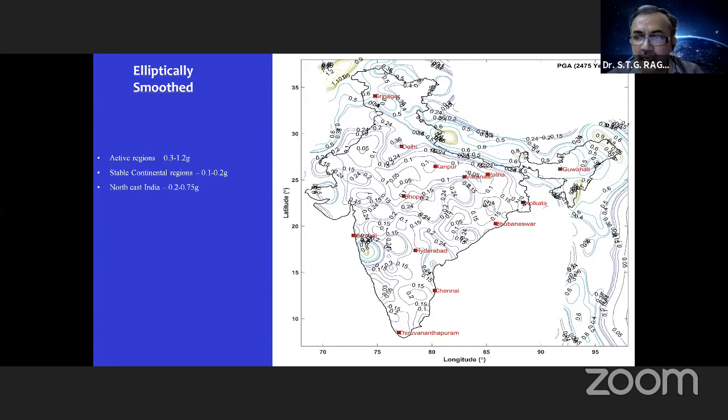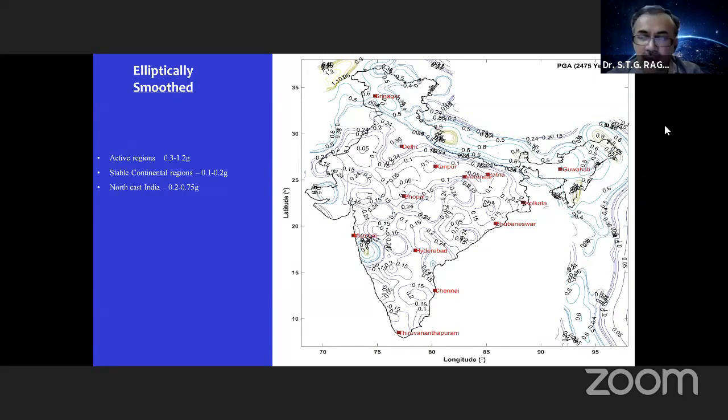You can see our PGA, that is the Z value, in the Himalayas and Northeast India, the values go from around 0.3 to 1.2 g. In the stable continental regions, the values lie from 0.1 to 0.2 g, except the Koyna region, where we get very high values because of the Koyna earthquake and others.